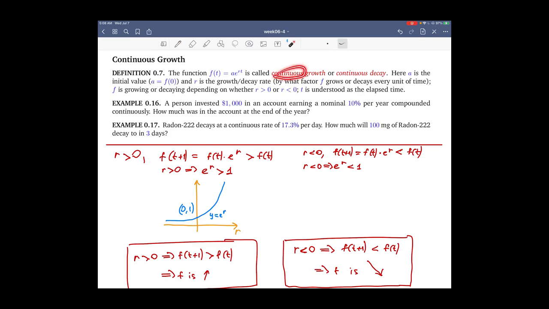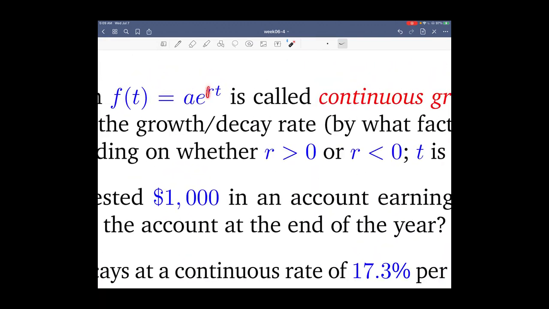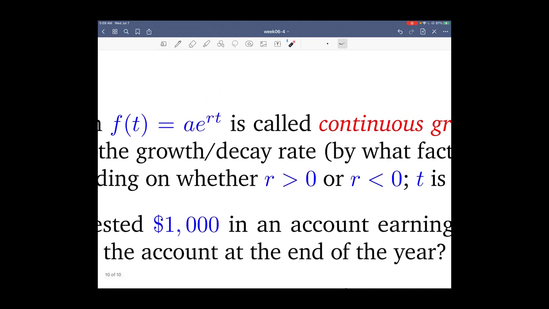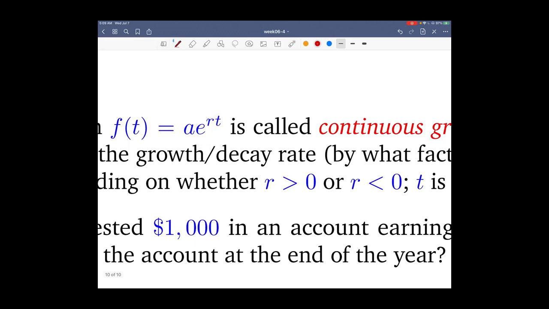Every time you see the word continuous, it means the base of your exponential function is e. So you kind of lose this freedom of choosing different bases b. Remember, we used to have a times b to the power t. You could use b anywhere between 0 and 1 and anywhere greater than 1, but now the base is fixed to be e, and you have this special factor r. In fact, e to the power r is b.